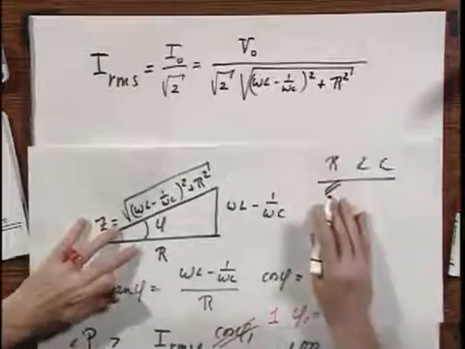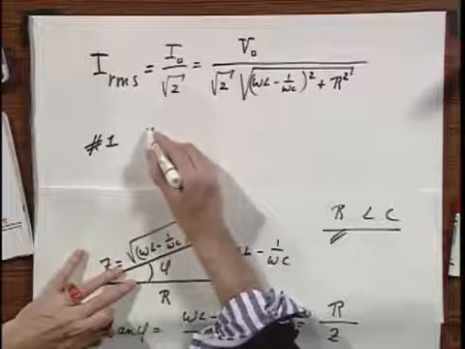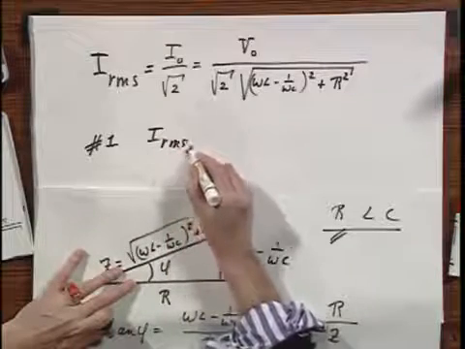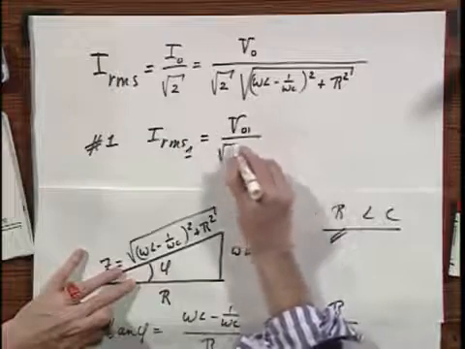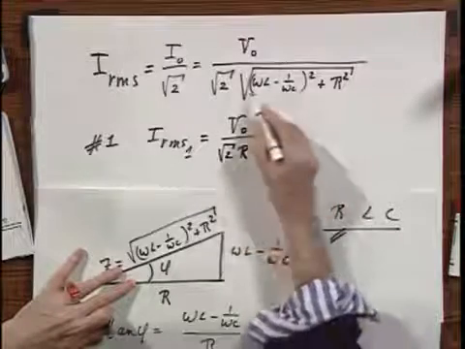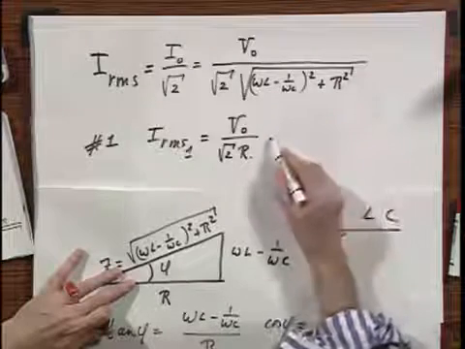And you have seen this many times before. So if now I go to station number 1, I RMS for station number 1 equals simply V0 over the square root of 2 times R, because when this is 0 at resonance, I only have an R here.